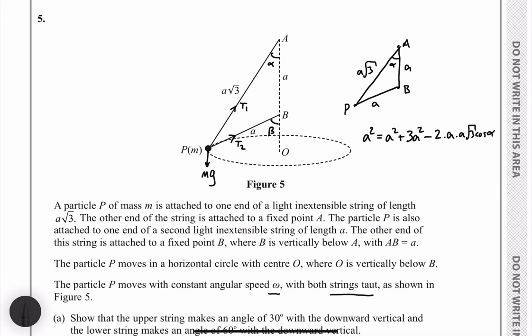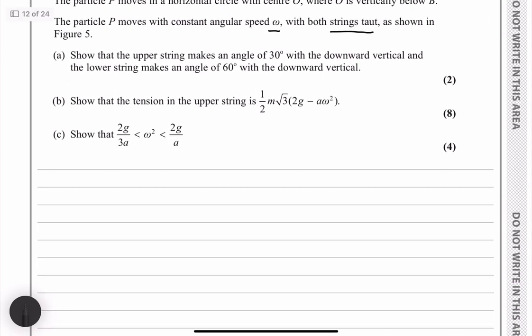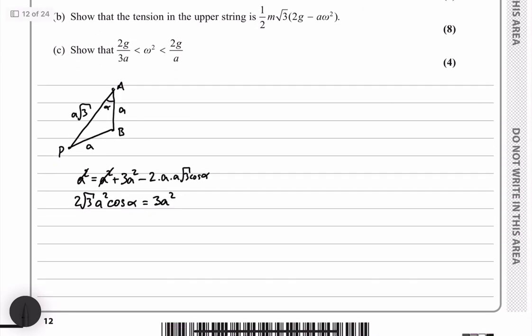I can cancel these a squareds and bring this on the other side, make it positive, so we've got 2 root 3 a squared cos alpha is equal to 3a squared. I'll just copy that down here. Okay, continuing on, we can cancel these a squareds as well. Cos alpha is equal to 3 over 2 root 3, or root 3 over 2.